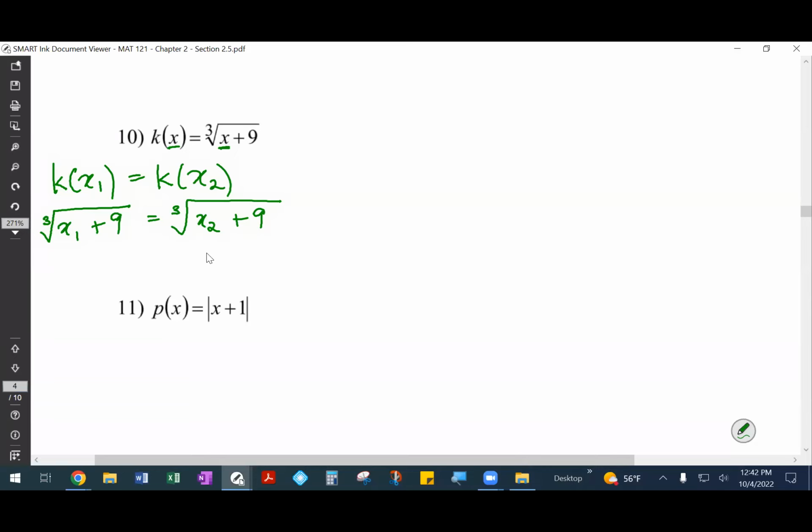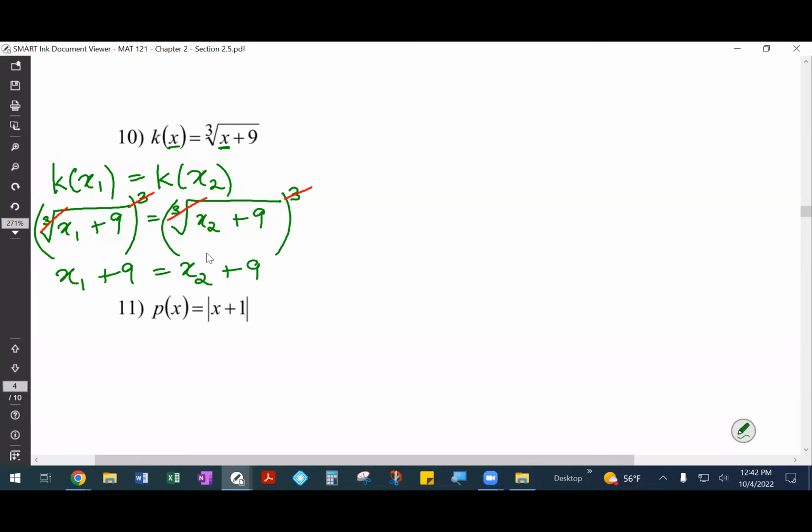So since this is a cube root, for a cube root to get rid of it, you have a cube. So you will raise both sides of your equation to the third power. So the cube root and cube can cancel each other out, leaving you behind with just x1 plus 9 on the left and x2 plus 9 on the right.